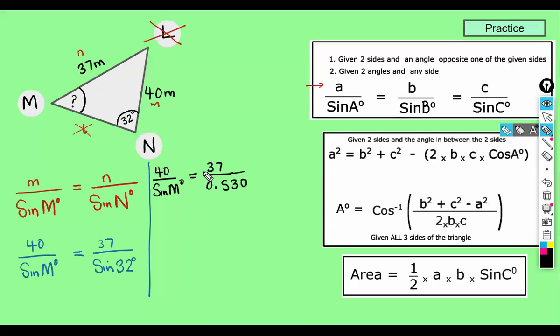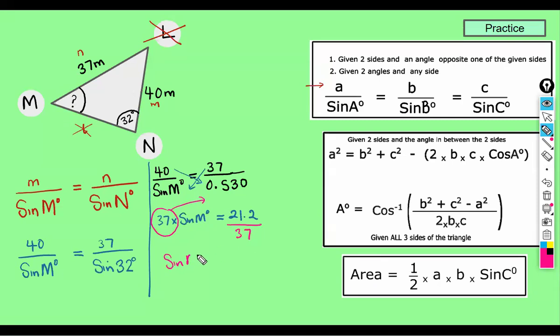Now cross multiply. So let's do that. You end up with 37 multiplied by sine capital M and 40 by 0.53. 40 multiplied by 0.53, I'm getting 21.2. But we're not finished because we want to solve for capital M specifically. Throw across the multiply, you're going to get a divide.